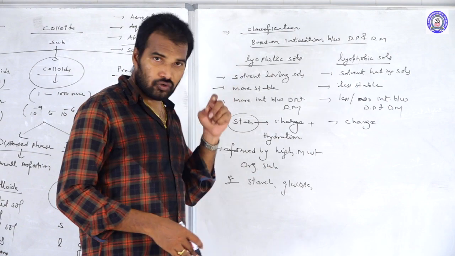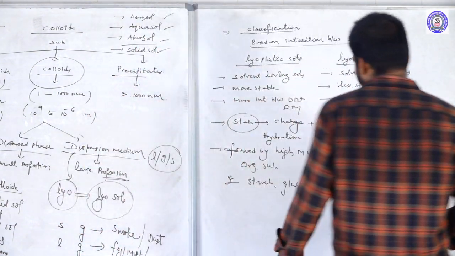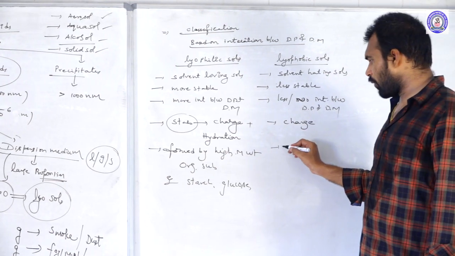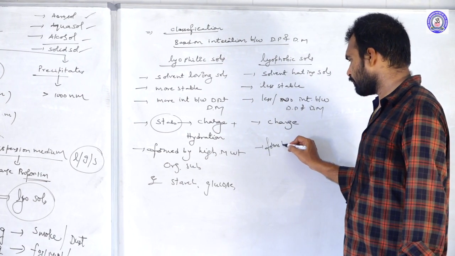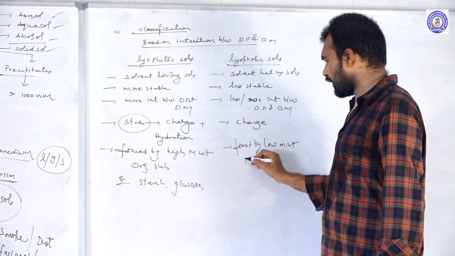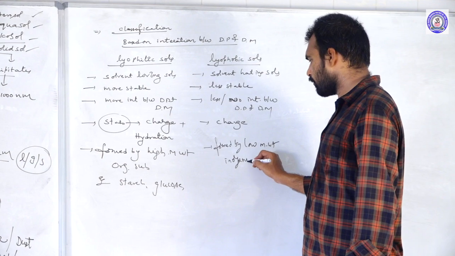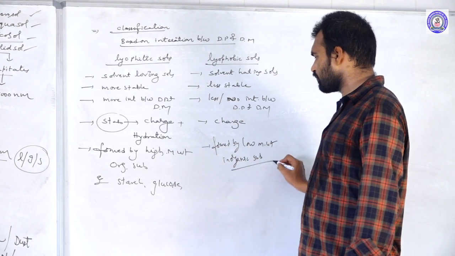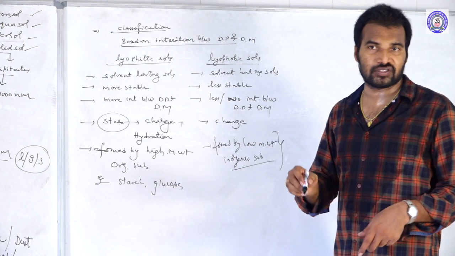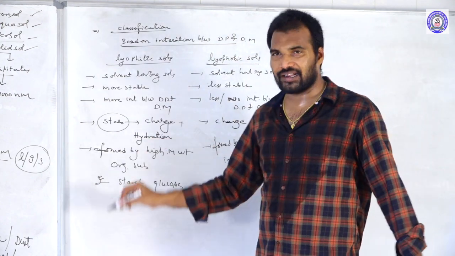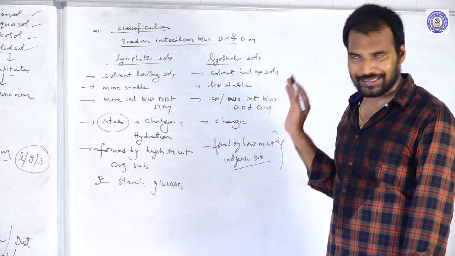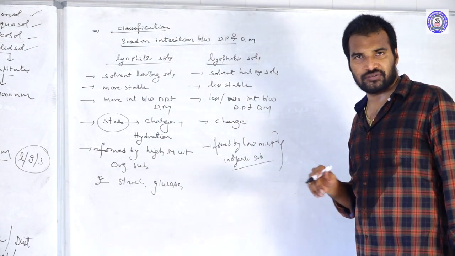So this is all about lyophilic. Coming to the lyophobic, they are formed by low molecular weight inorganic substances, whereas high molecular weight organic substances will form lyophilic sols. Okay, clear? So this is about one classification.